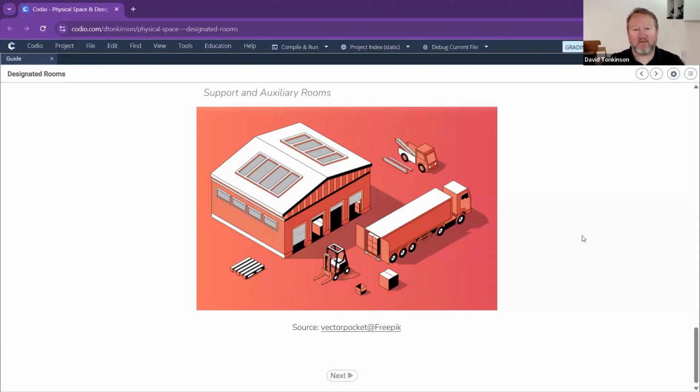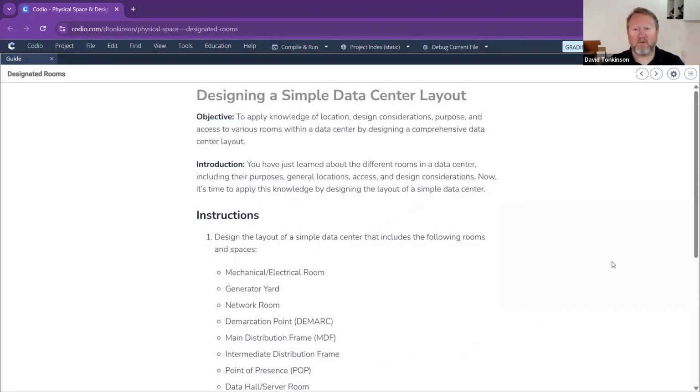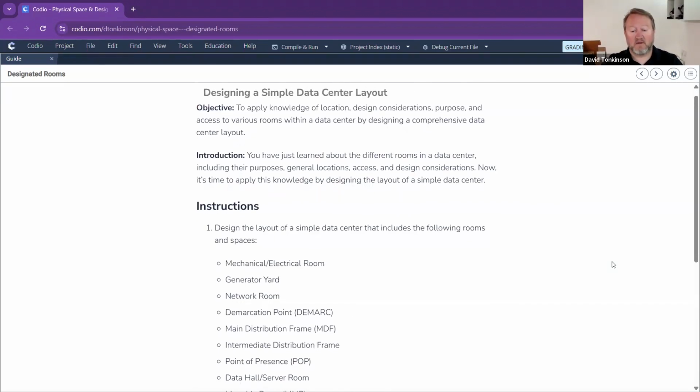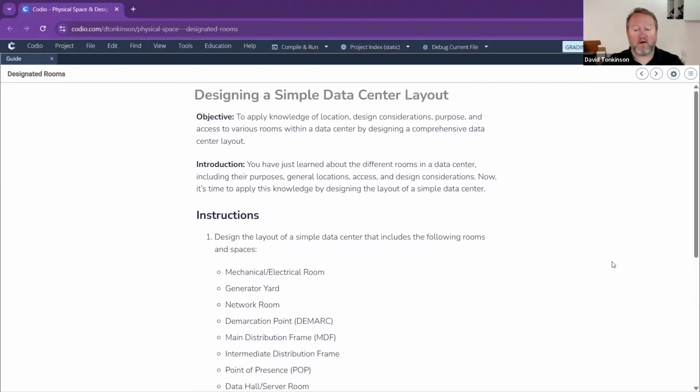Good stuff. Now, I said when we started that you will need access to something like Paint, or something you can basically draw on. Feel free to use a pad and a piece of paper if you need to. Because what we want you to do is design a simple data center layout, so we can apply our knowledge of these locations and where they need to be in relation to everything else.